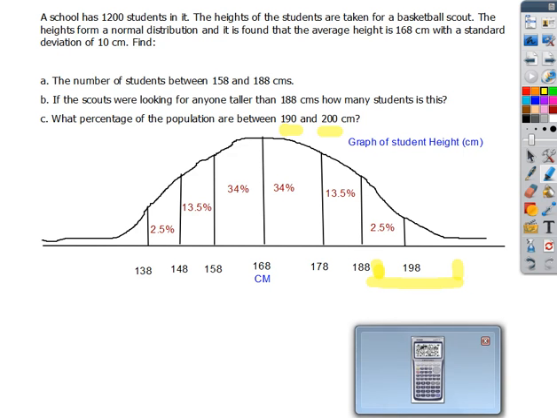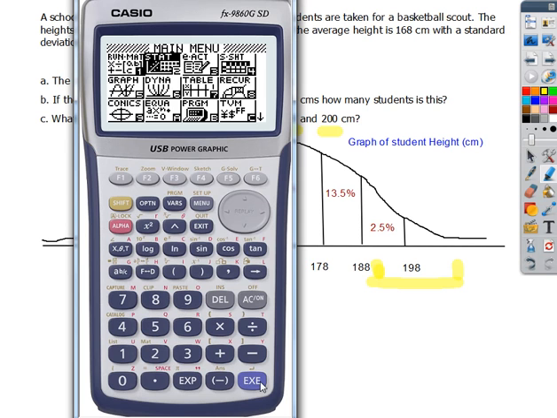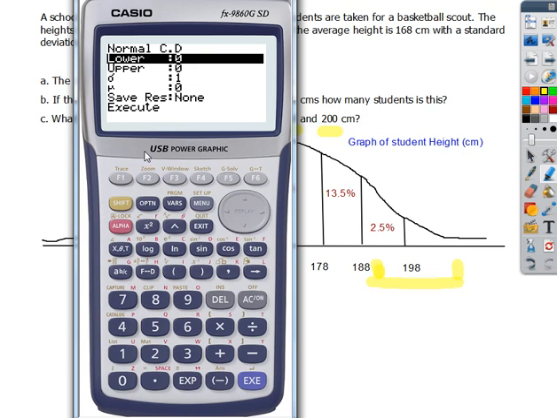So let's have a look at the graphic calculator. We go to stats. We go to distributions. We go to normal, NCD, and we've got these ones here: lower, upper, our standard deviation, and our mean. So what we do is we enter in what we know.